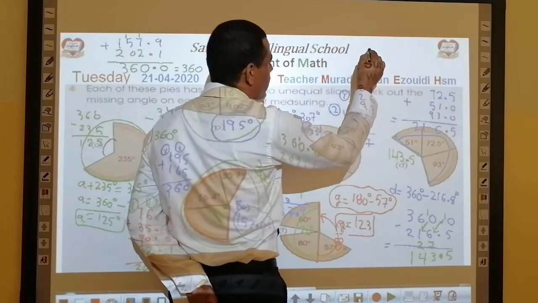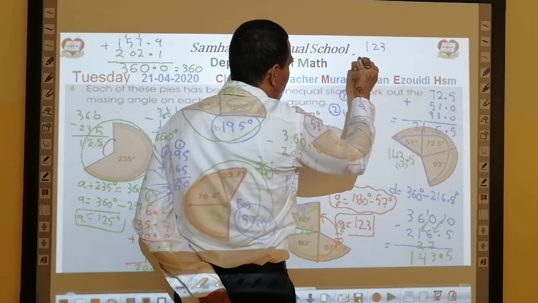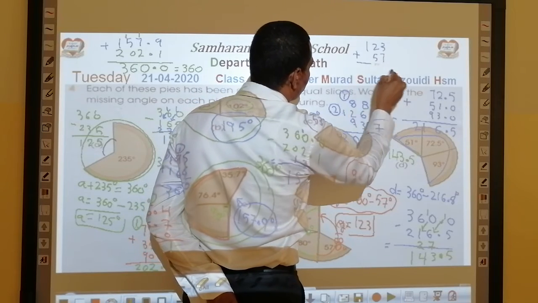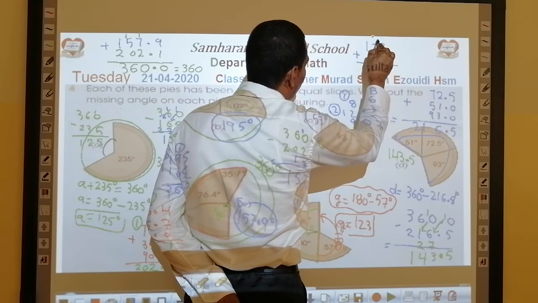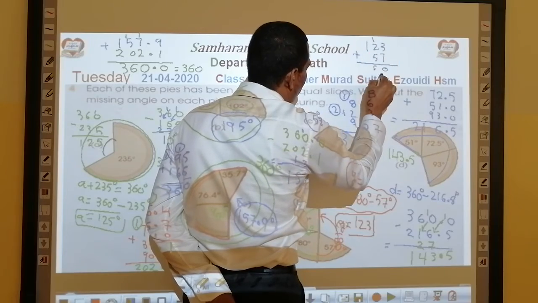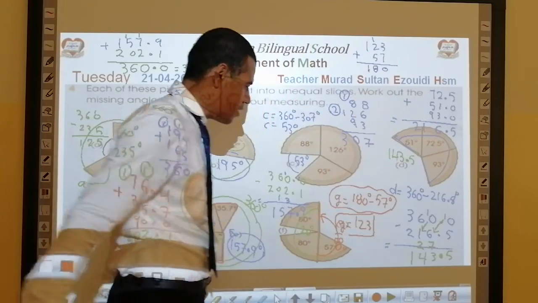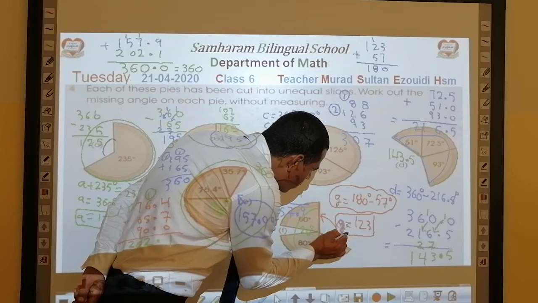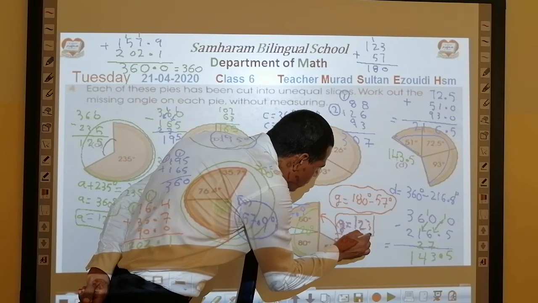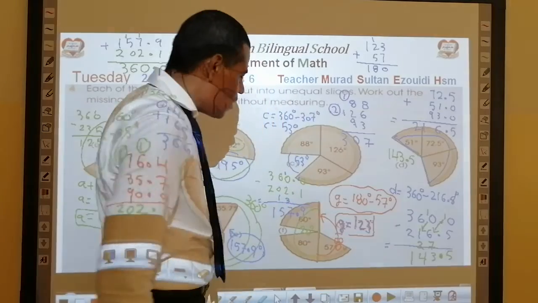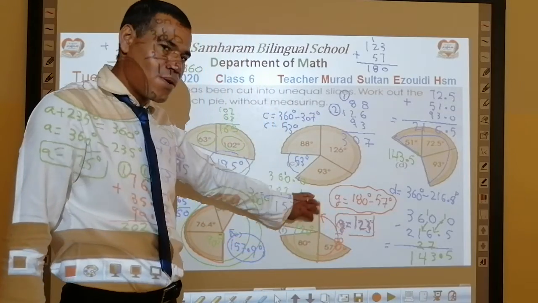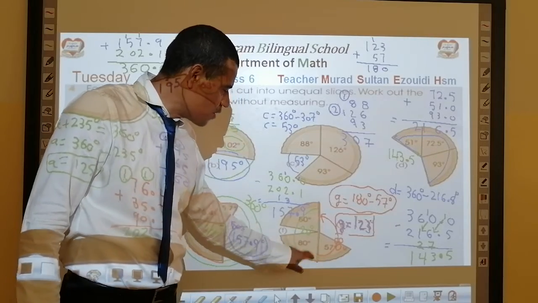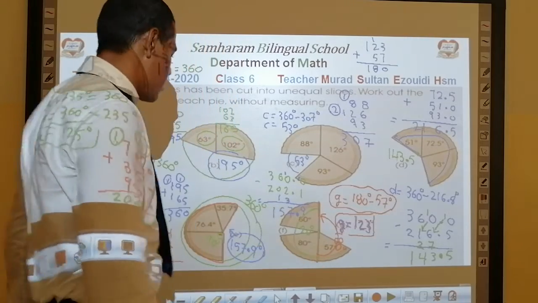So 123 plus 57. Is it 180? Yes or no? This is 10. I will carry 1, 2, 3, 8. Okay, so 180. So the answer is G equal 123 degree. Or if you would like to suppose that is around the point, make 360 minus 57 minus 180. You will get the same answer. Okay?